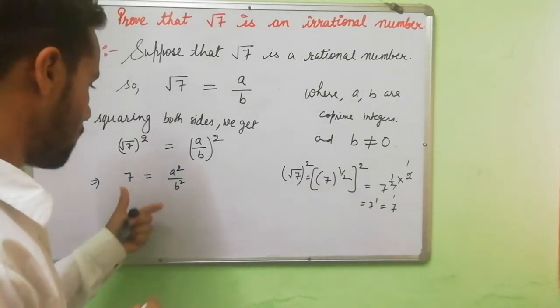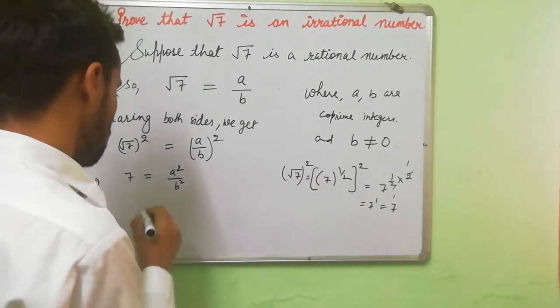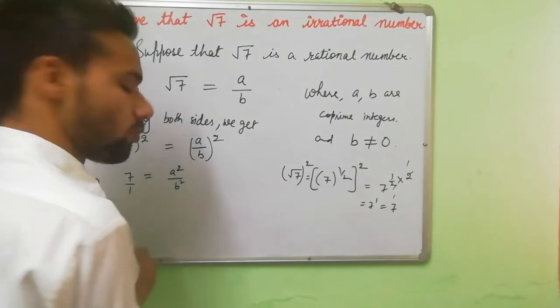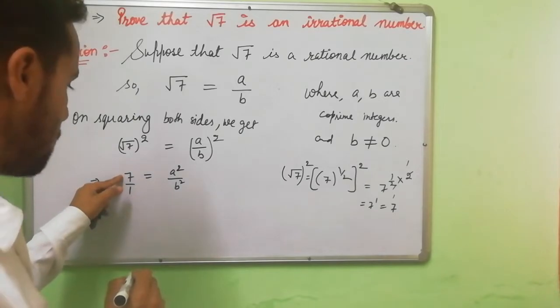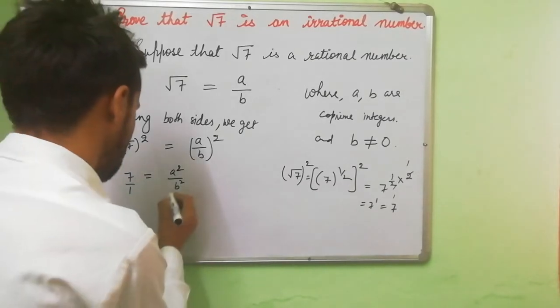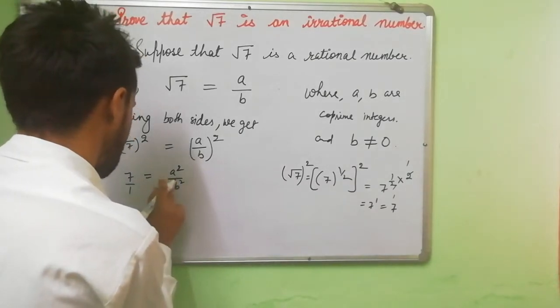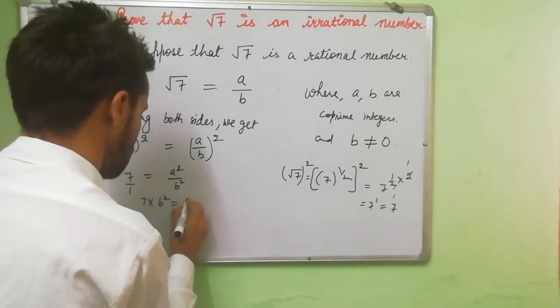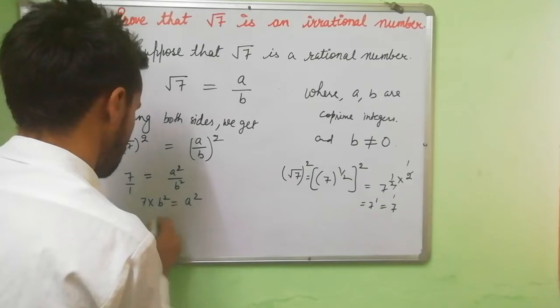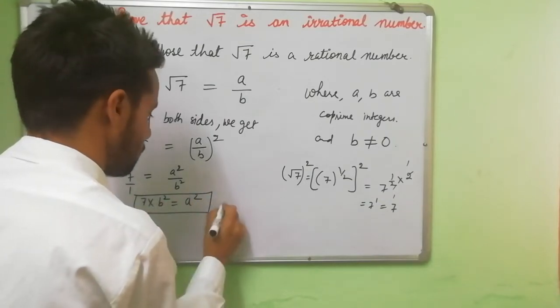I put here 1. You can write 7 as 7 upon 1, and now multiply this number here. You get 7 multiplied by b square is equal to a square, and it becomes your equation number 1.